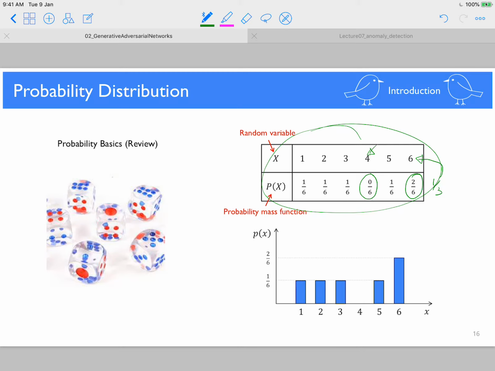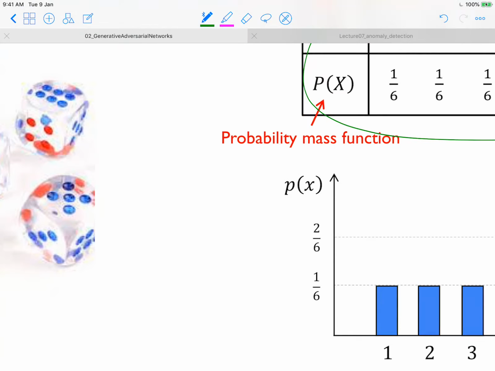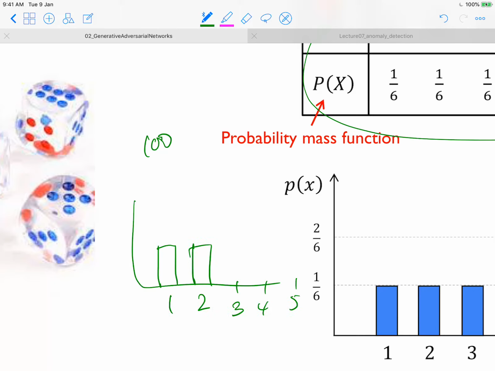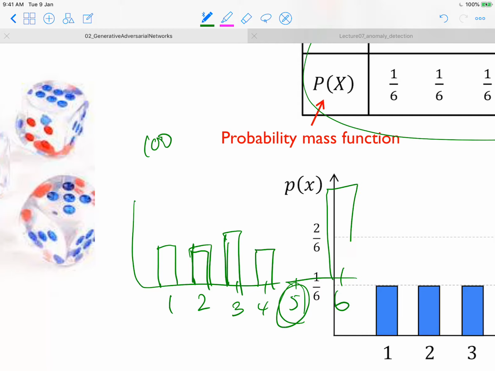Okay, so in this case, we can collect 100 different samples by just rolling this particular dice. And then we can think of some kind of histogram, right? So how many ones did we observe out of 100, or how about 2, 3, 4, 5, and 6? It may have some errors like this, but it will not have any 5 values, right? And then maybe like this.